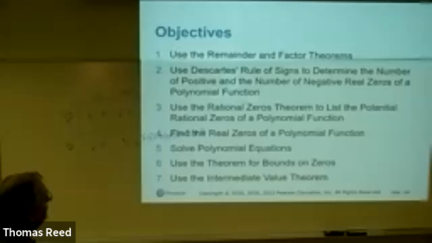But if you have a rational zero, this theorem will give you a set of numbers that zero will come from. And then finding the real zeros of a polynomial function, so not just the rationals, but all of them. Solving polynomial equations, well, we do that while finding zeros. And then we use the theorem for bounds on zeros.